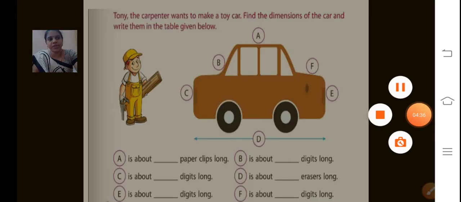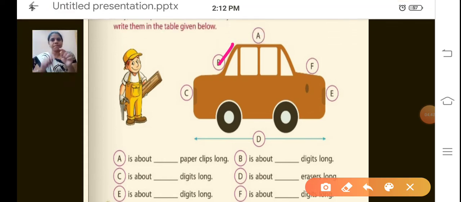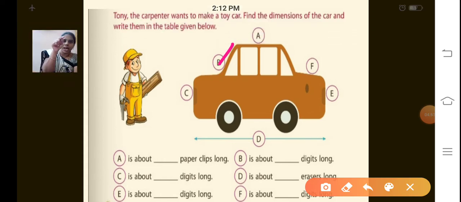Just keep your index finger and see the length from this up to this. Okay, 1, 2, 3, like that it will come, because your finger is little small, right? So just keep your index finger and calculate the length of B.